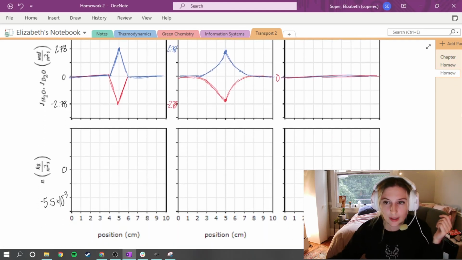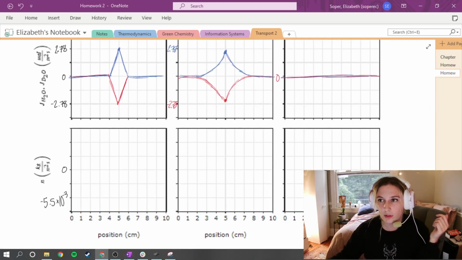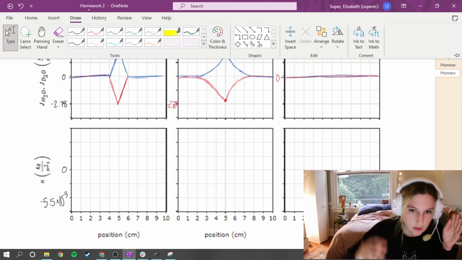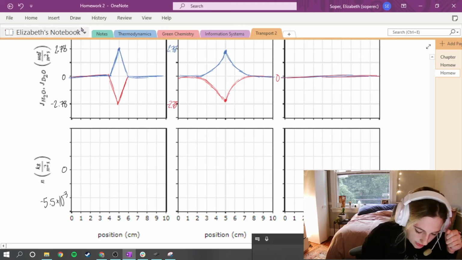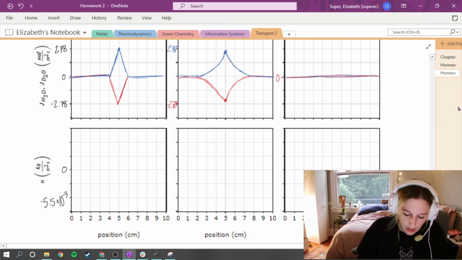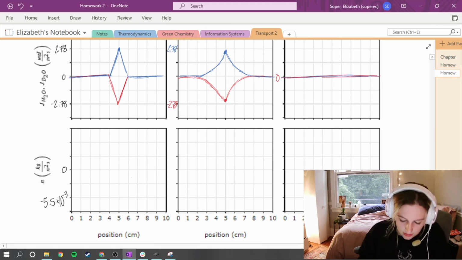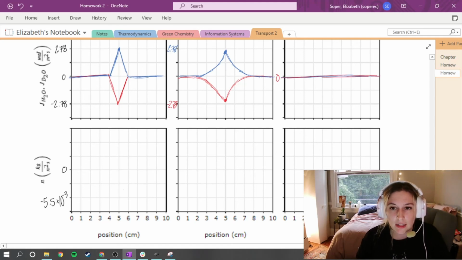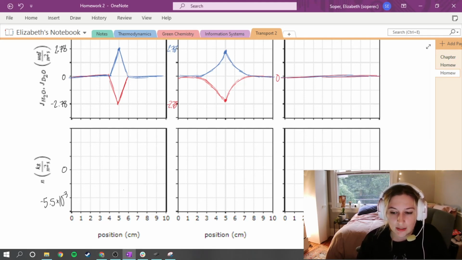So the last one we have is the overall mass flux. So this is overall mass flux, so it's not H2O and D2O. I'm just going to draw it in the black pen. And this is going to be at negative 5.5 times 10 to the negative third kilograms per meter squared seconds.